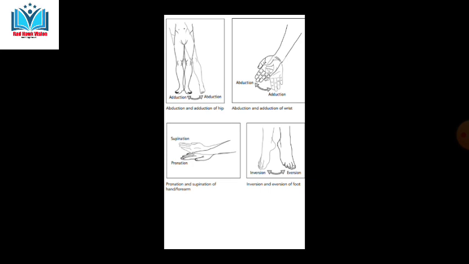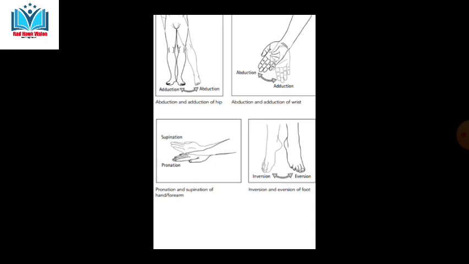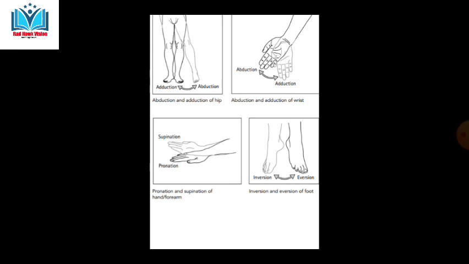You can see how the palm is moved from facing anteriorly to posteriorly with the pronation movement, and the supination is simply the reverse. We also have an example of inversion and eversion of the foot.